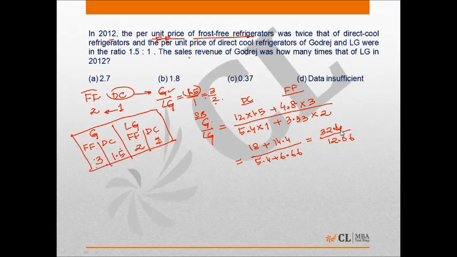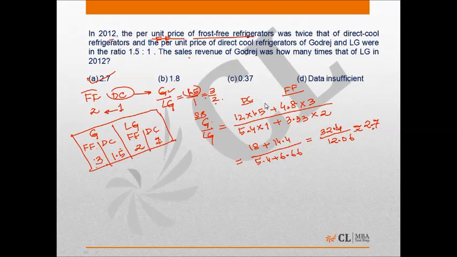If we do the calculation, this is approximately 2.7, right? So 2.7 as in the first answer. Okay, so this means even if we did not know the total number of units for the year 2012, we will still be able to calculate it.